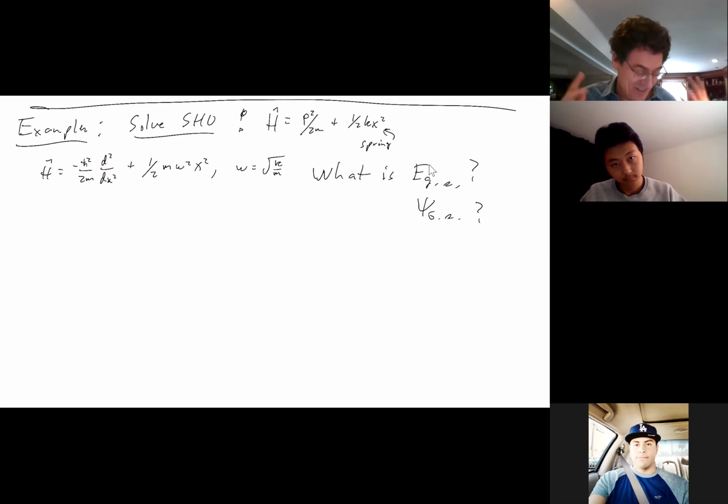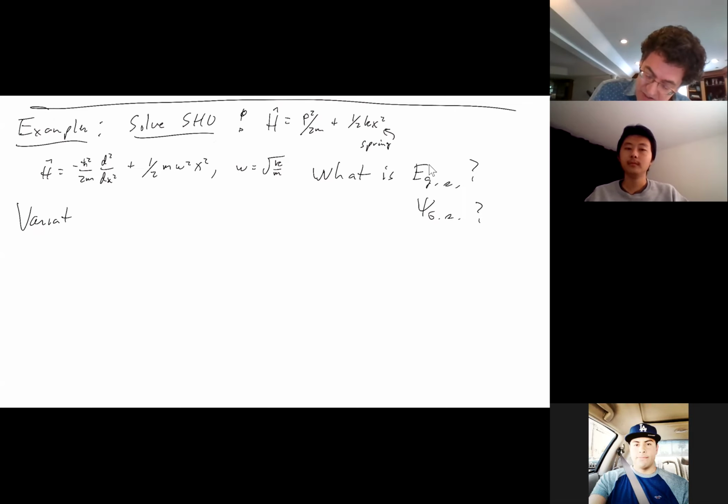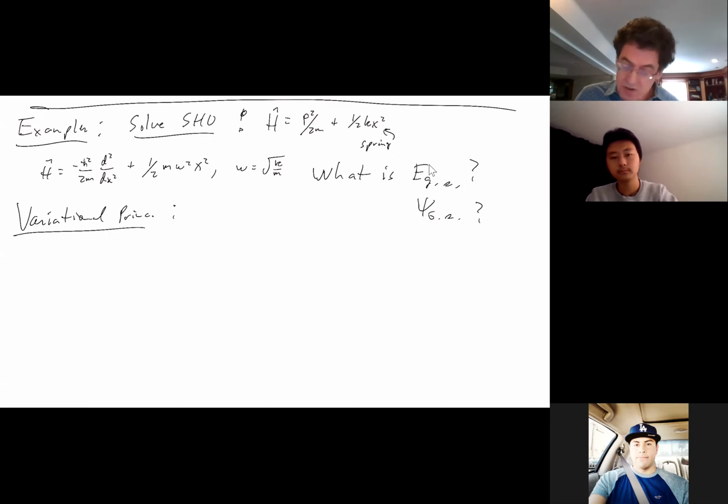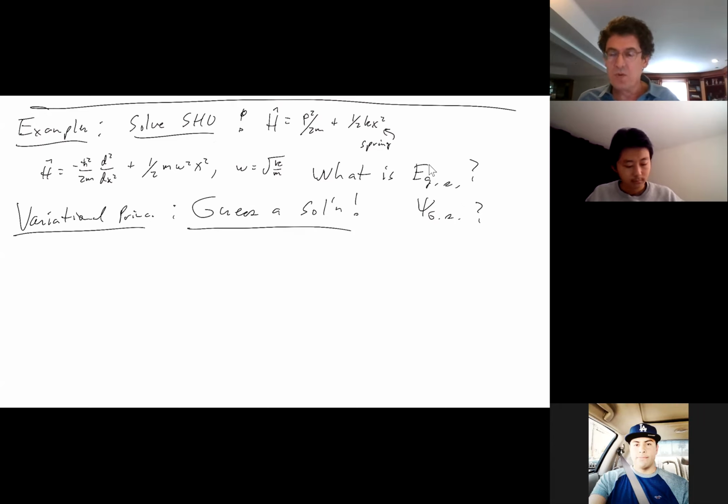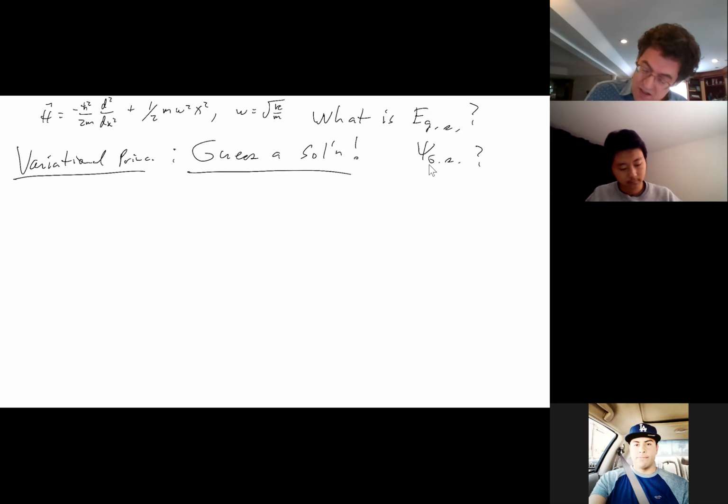So perturbation theory doesn't work. So now we'll use the variational principle. And so the first thing you do with the variational principle is you guess a solution. And that might seem really weird to you because you're not used to it, but it's not so hard. Because look, let's look at the potential.